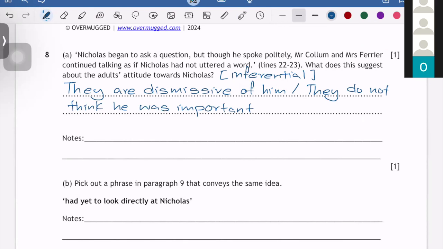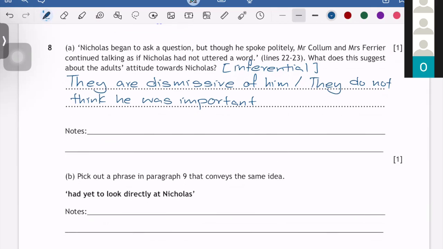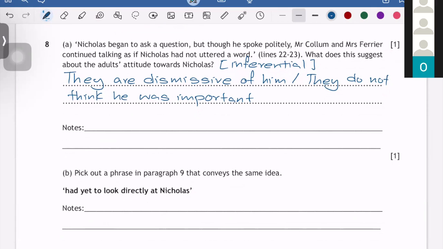What's the meaning of dismissive? Like ignoring him. Even if you say something, you don't even take note that he's there. Yes, can. Okay, 8b, pick out a phrase in paragraph 9 that conveys the same idea.